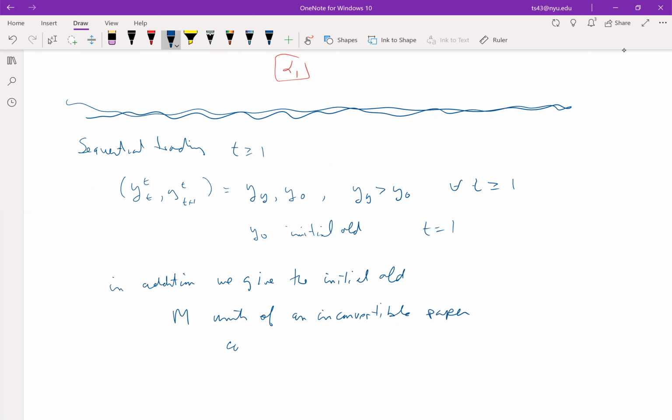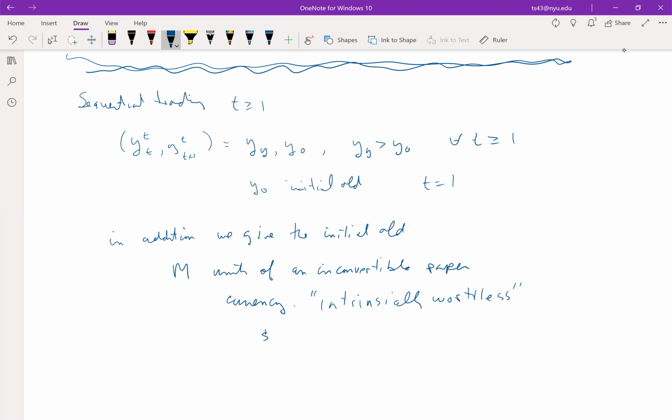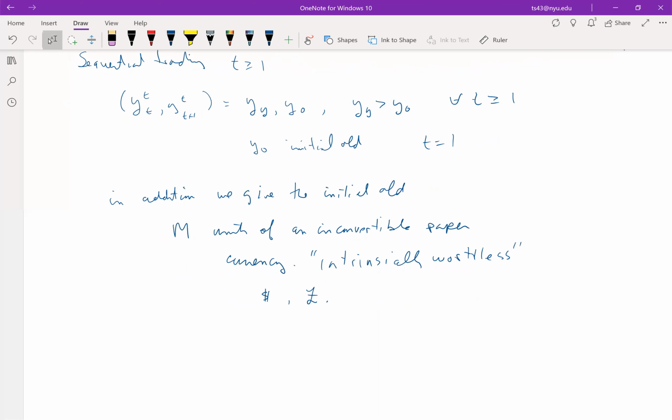It's not a commodity. It's intrinsically worthless. It is in nobody's utility function. And it's denominated in dollars or pounds or euros or yuan.